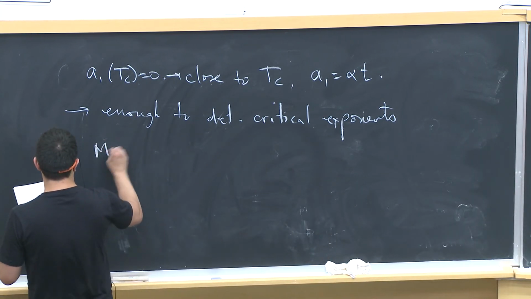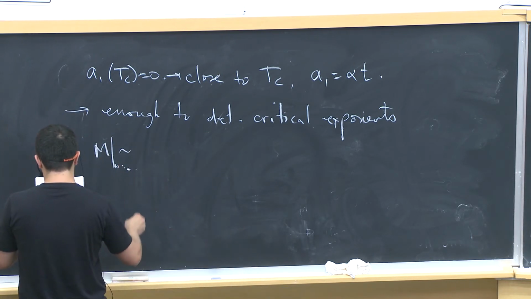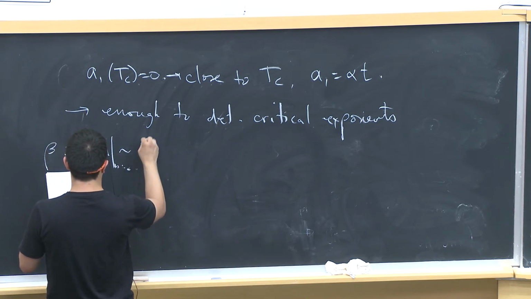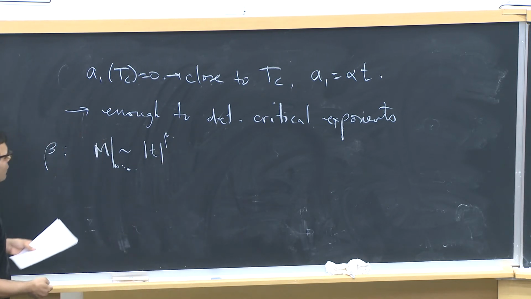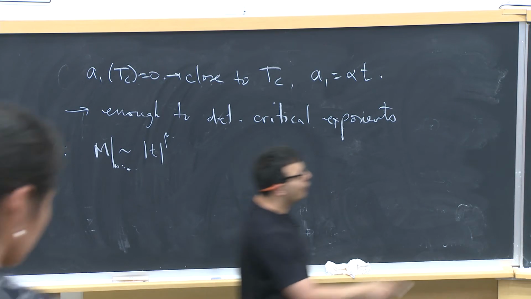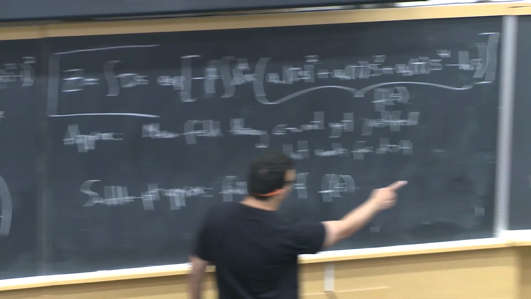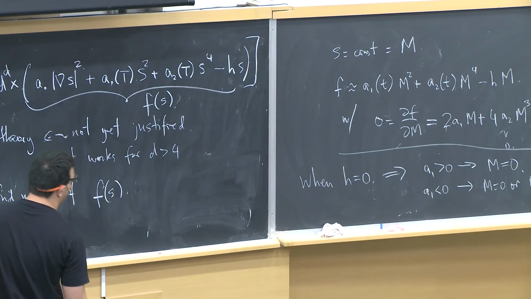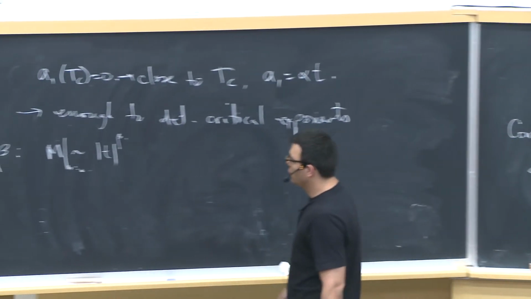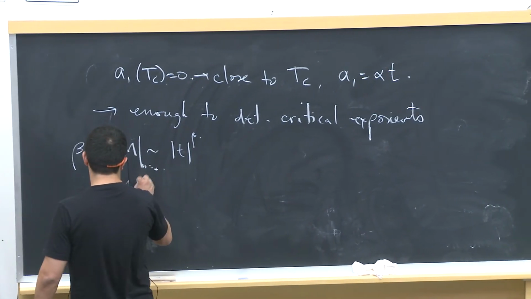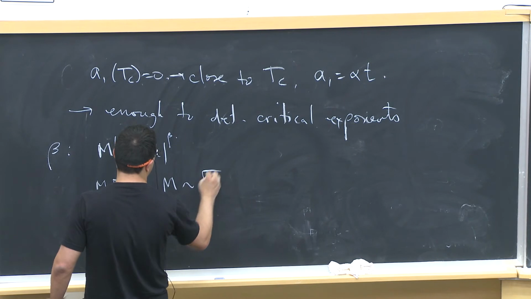So M at H equals 0 was T to the power of beta. And then just from that formula over there, we can see what the behavior is. The spontaneous magnetization goes like square root of A1. A1 is proportional to T. So that means that in mean field theory, M is proportional to the square root of T.